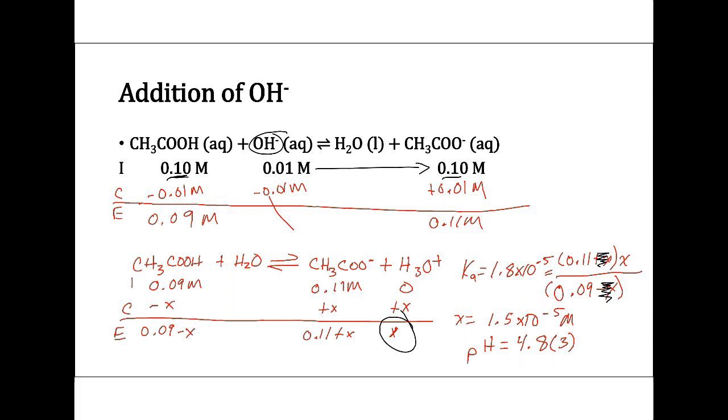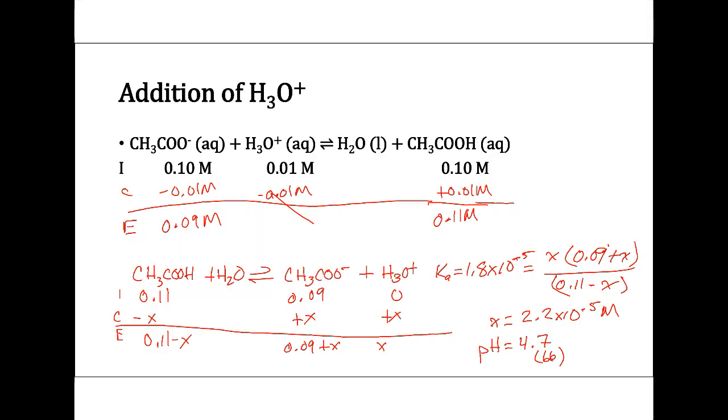Because for this equilibrium constant to equal 1.8 times 10 to the negative fifth, if we have a larger value in our numerator for the acetate, that means our hydronium concentration has to be lower.